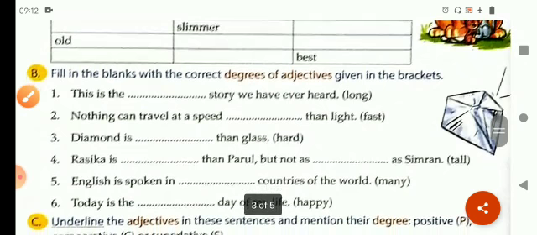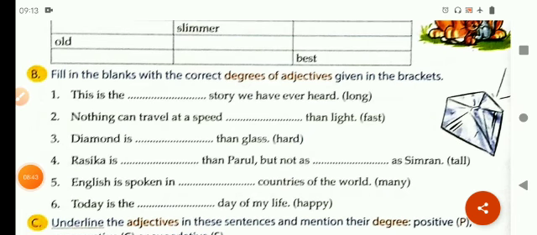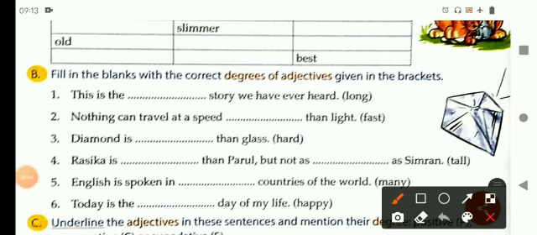Now come to the next one, that is fill in the blanks with the correct degrees of the adjectives given in the bracket. So you have a hint given in the bracket and you have to make the degrees of comparison and fill it. Okay, the first one is, this is the dash story we have ever heard.